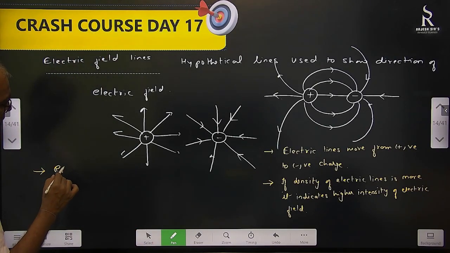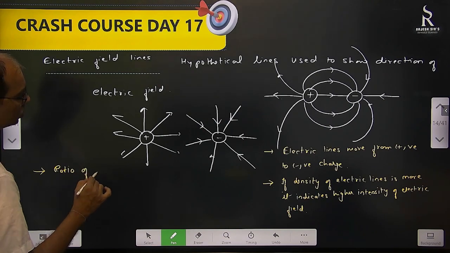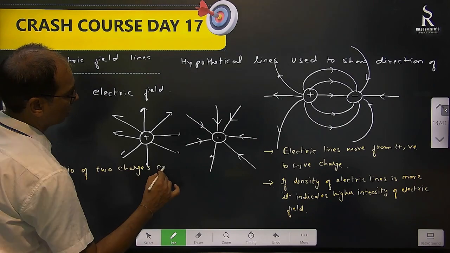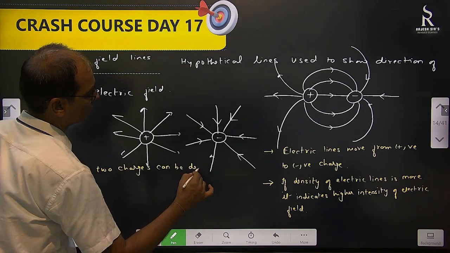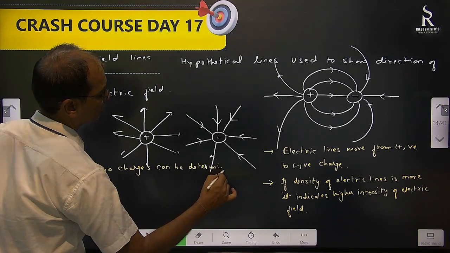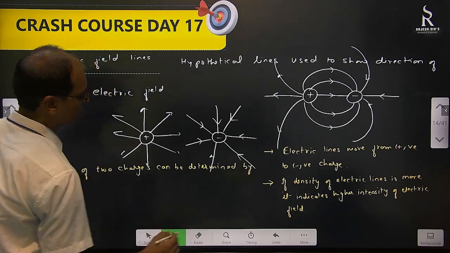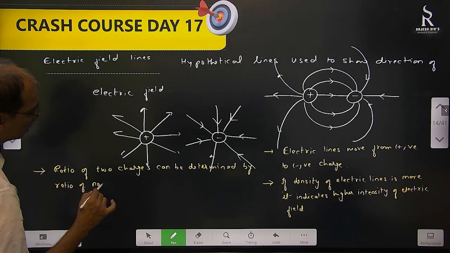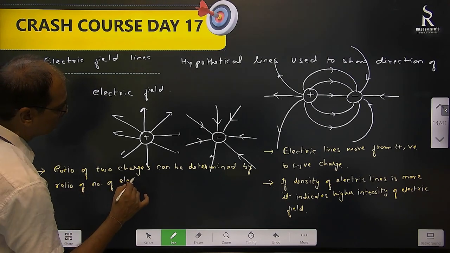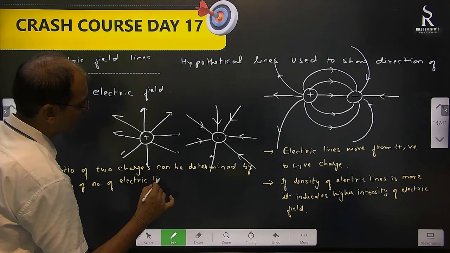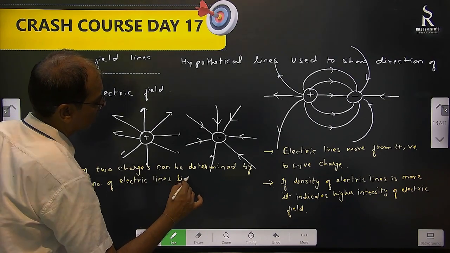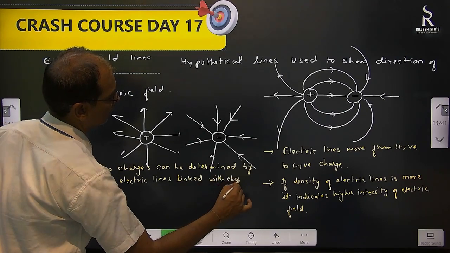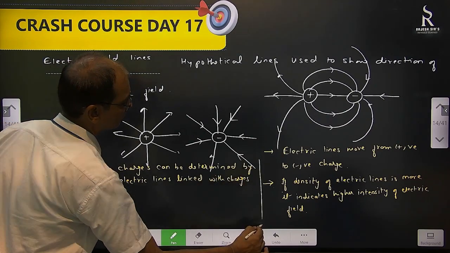Or we can say that the ratio of two charges can be determined by the ratio of the number of electric lines linked with the charges.